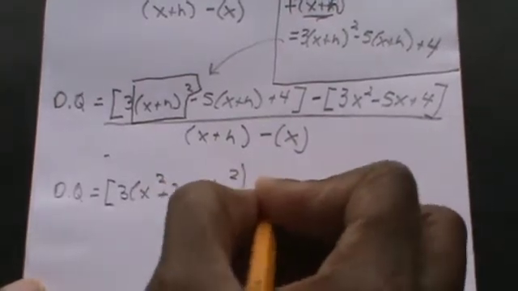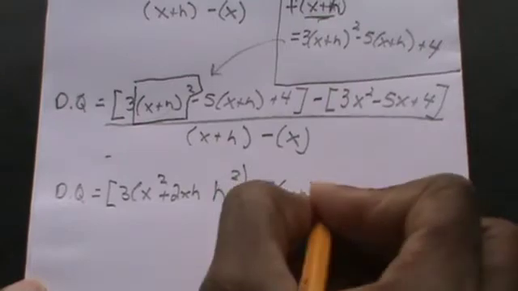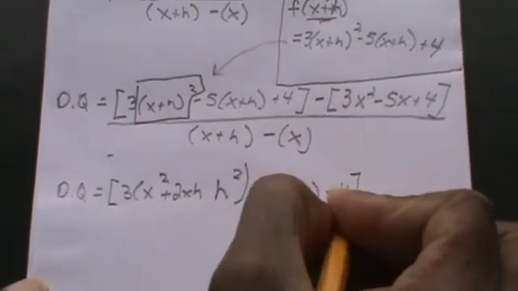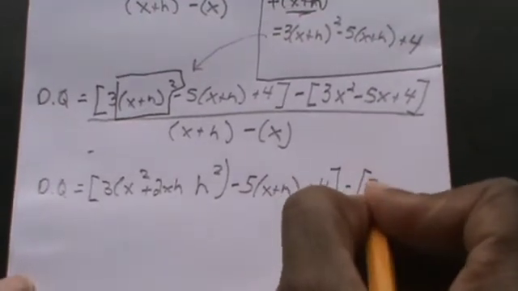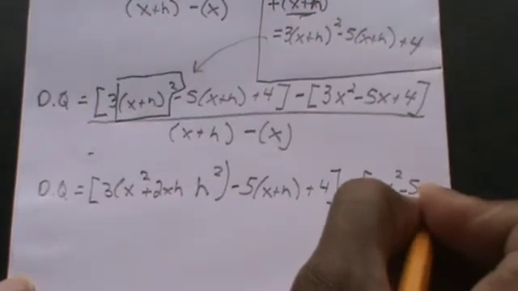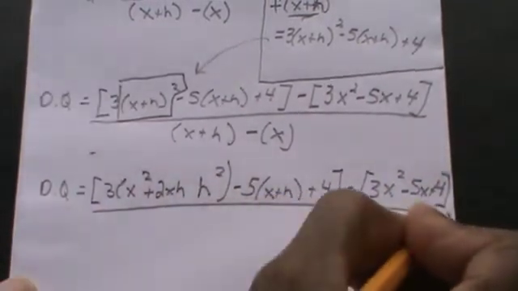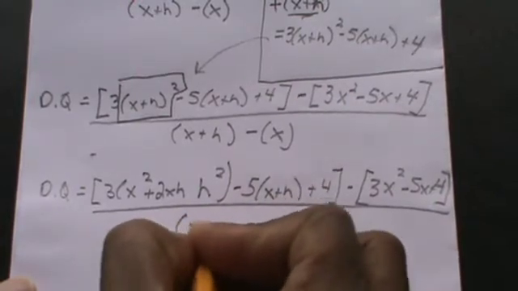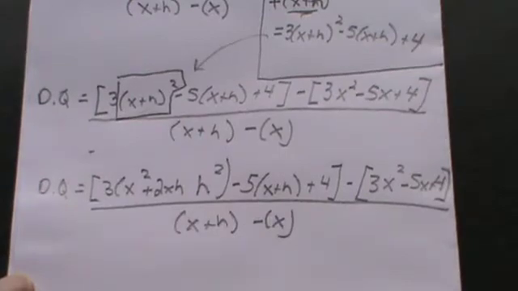Okay, minus 5 times the quantity x plus h plus 4 minus the quantity 3x squared minus 5x plus 4. And all of that is over x plus h minus x. Okay?